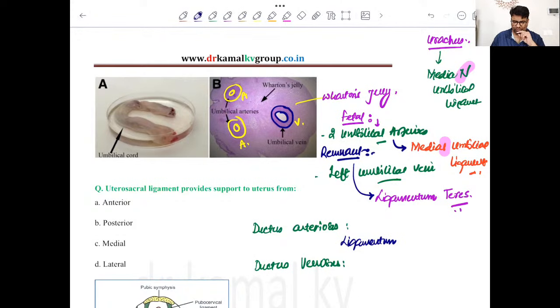So ligamentum has to be the initial word, and here you will use the word arteriosus, and here you will use the word venosus, right? So ductus venosus will persist as ligamentum venosum, and the ductus arteriosus will persist as the ligamentum arteriosum, right? So these are the important 5 adult remnants of fetal structures which everyone has to remember by heart.